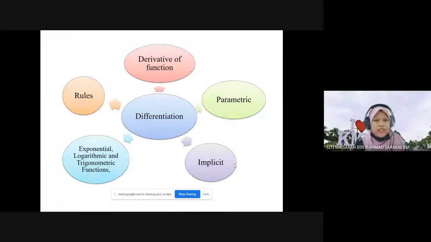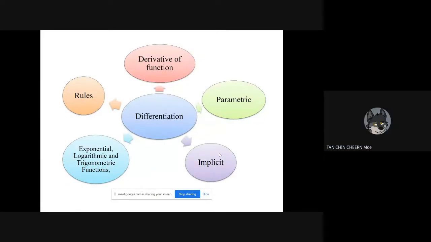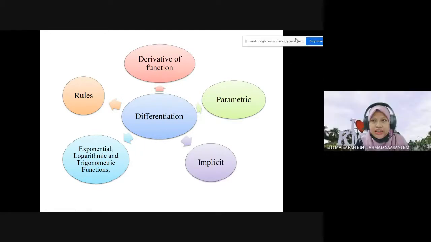Can you see my screen now? This is my map. Okay, yes. All right. Okay.